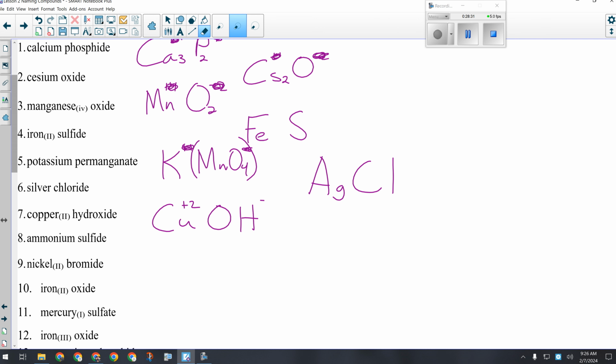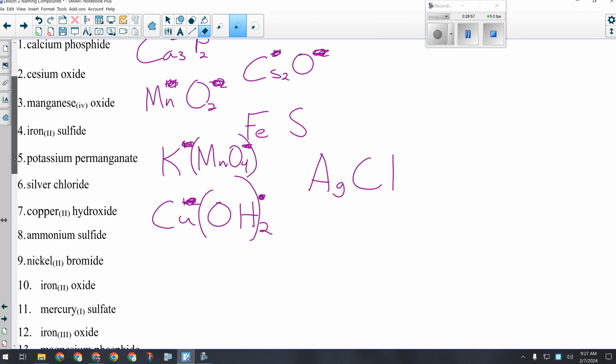When I drop and swap this, the 1 will go here and the 2 will go here. Do I want to leave it like that? I need brackets. Otherwise, I'm saying there's 1 copper, 1 oxygen, and 2 hydrogens. I've got copper and hydroxide, which means the hydroxide needs to be enclosed in brackets.